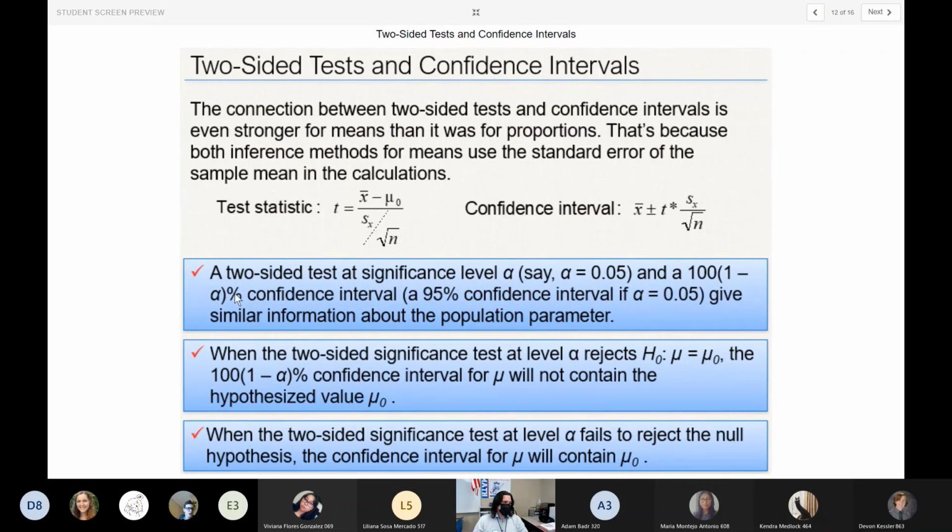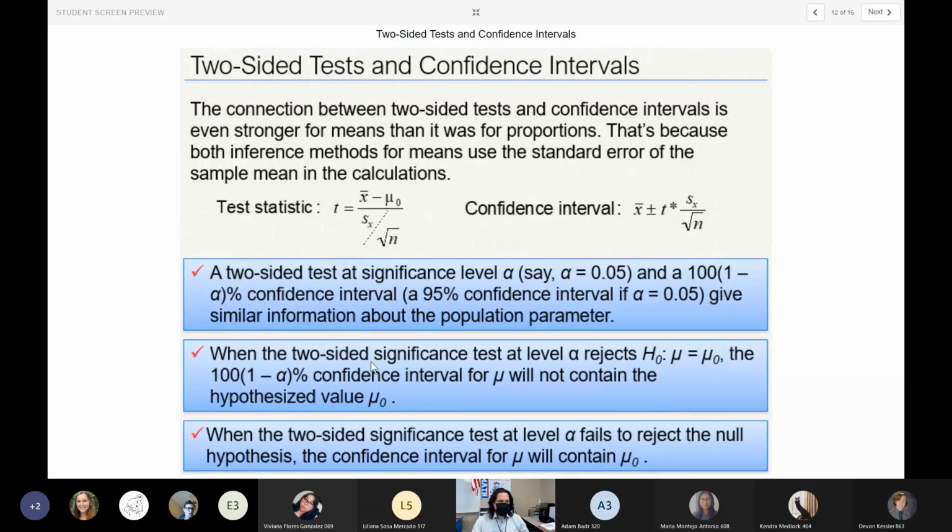And so we have these extra little notes here. A two-sided test at significance level alpha, suppose alpha is 0.05, and a 100 times 1 minus alpha % confidence interval, which would then correlate to a 95% confidence interval if alpha is 0.05, give similar information about the population parameter. Okay.